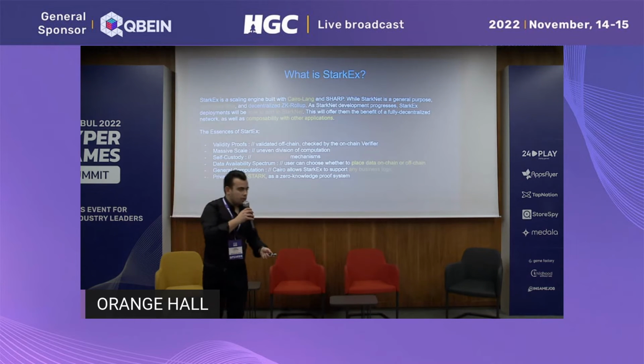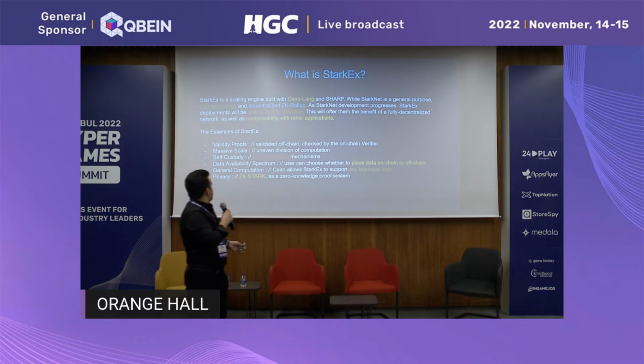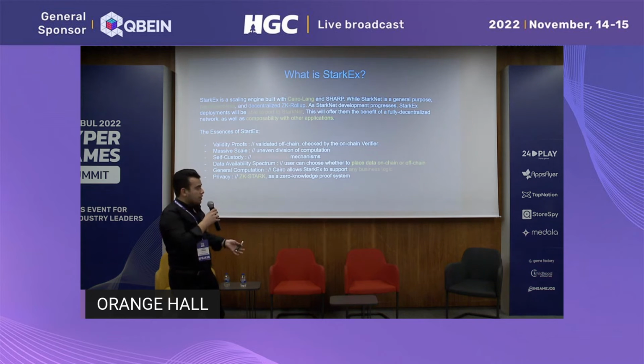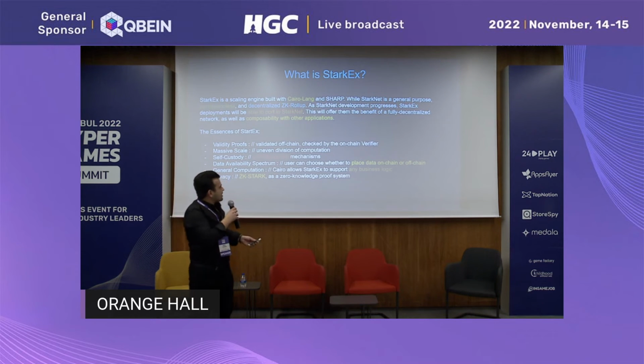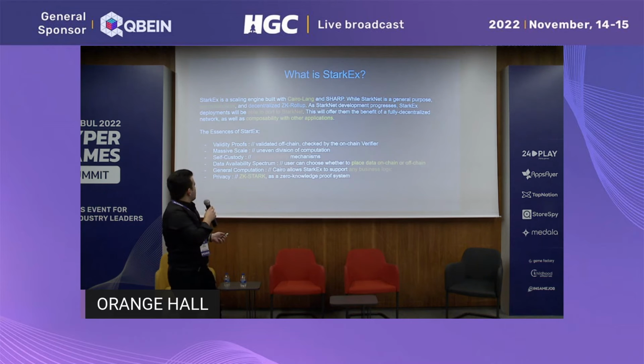Okay, let's go with StarkX. StarkX is a scaling engine built with Cairo and SHARP. Sharp is... I can't remember right now. Anyway, while Starknet is general purpose, it's permissionless. It's a decentralized zk rollup. Starknet is in development progress.